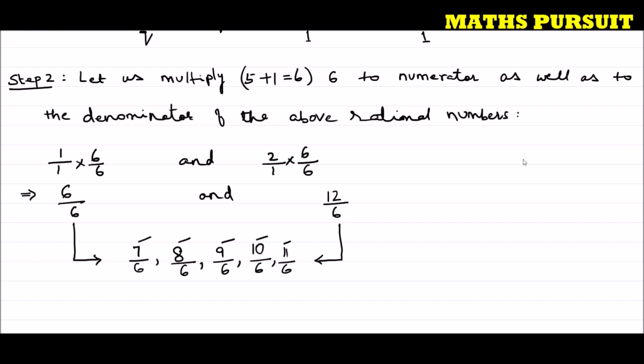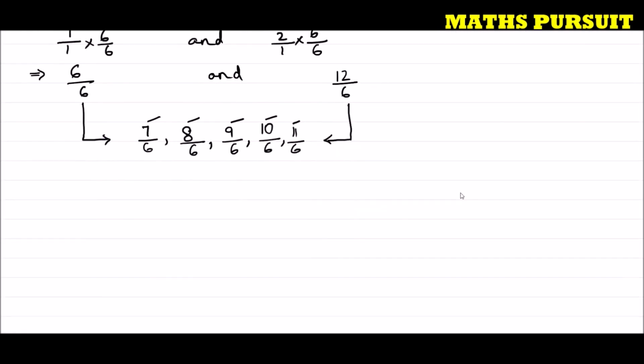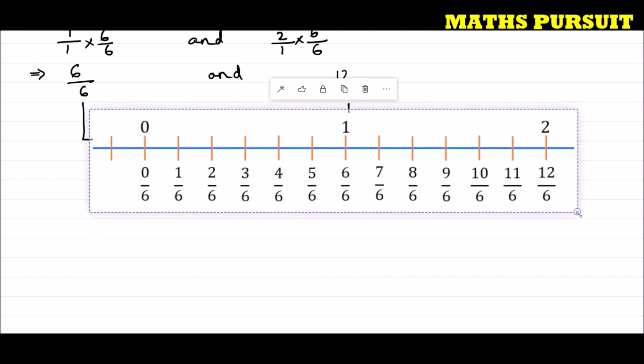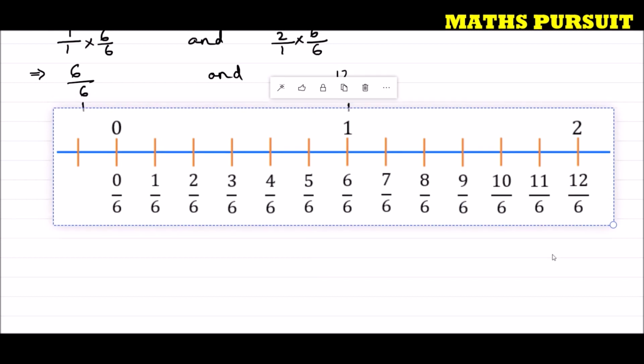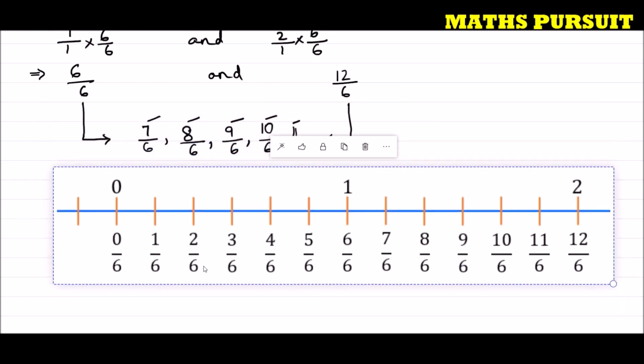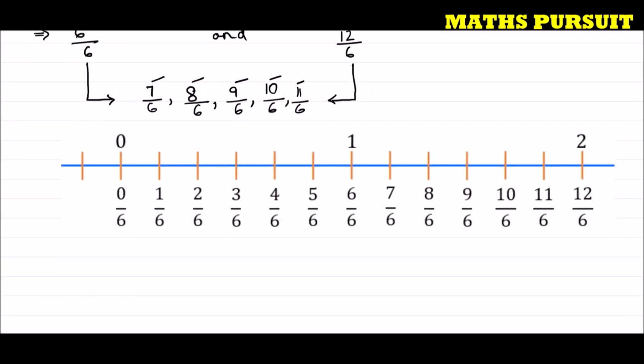Now let us represent these rational numbers on a number line so that it would be very clear for all of us what we did. I have already prepared a number line with these numbers. We got 7 upon 6, 8 upon 6, 9 upon 6, 10 upon 6 and 11 upon 6.